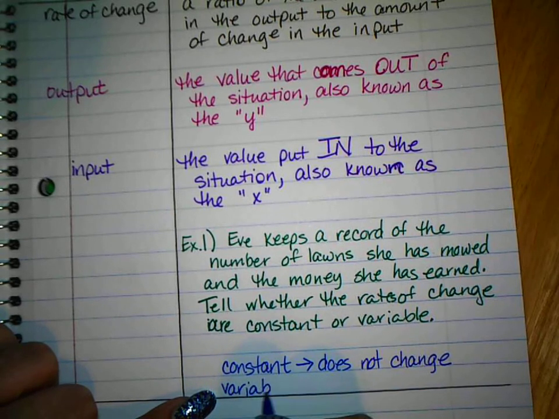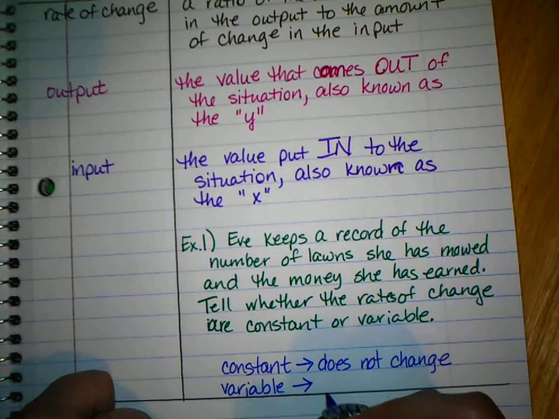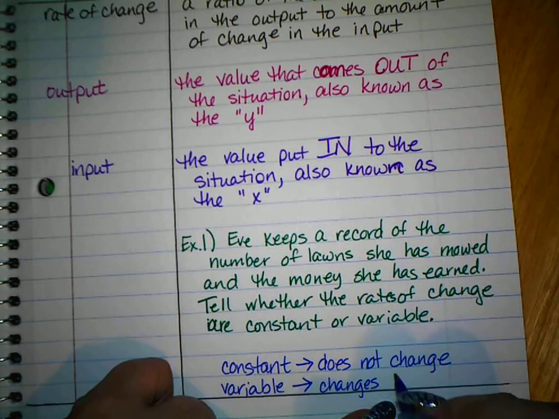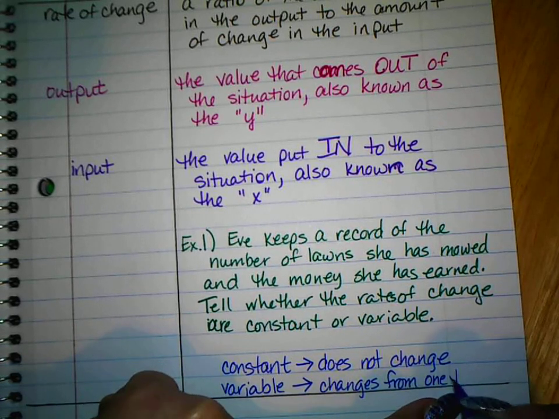Variable is derived from the word vary, so it changes from one to the next.